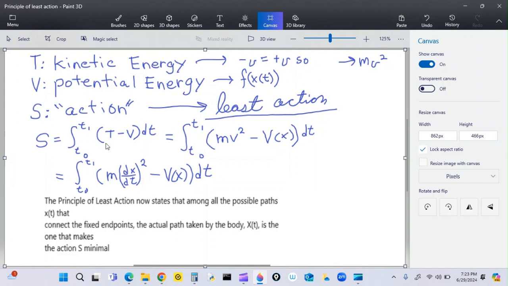Inside the parentheses, I've got kinetic energy minus potential energy. So if we have no kinetic energy, we're standing still, then we have a negative potential energy.